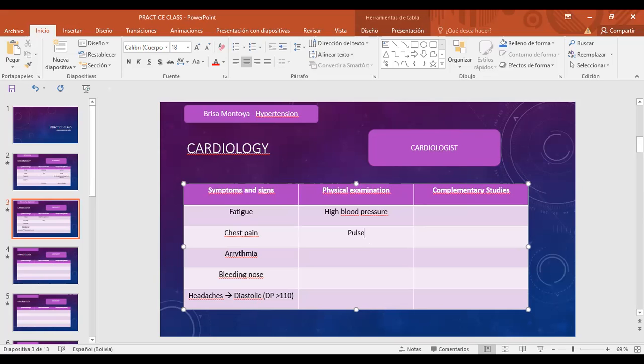Because first the person is mostly normal, you wouldn't have that much variation from the normal ranges of pulse. How would pulse vary in a patient with hypertension in the long term? I don't know. Okay, in the long term, hypertension produces heart failure. When we're talking about heart failure, there's this one. Have you ever read about this?